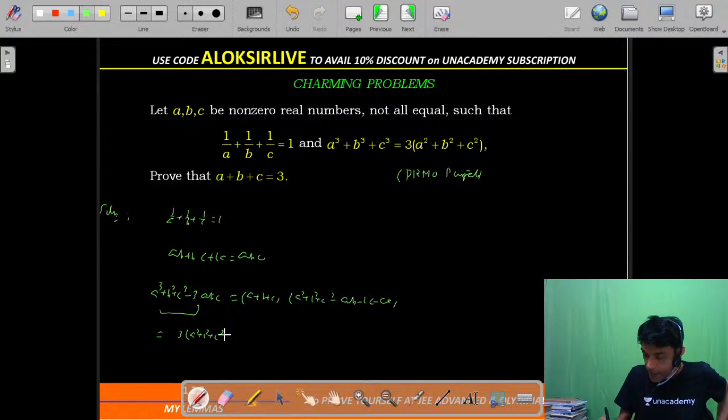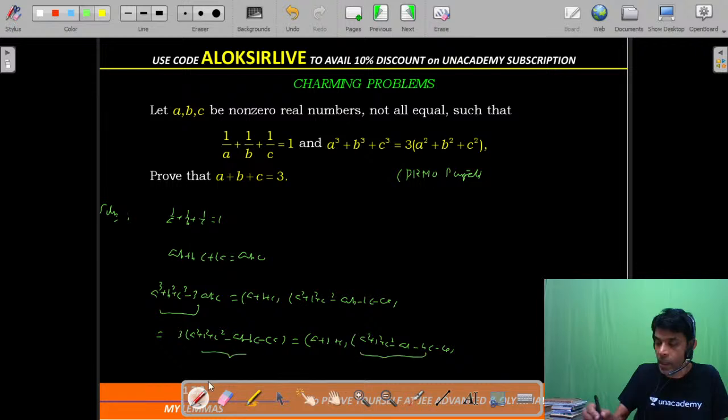So I can write this as minus, replacing abc with ab plus bc plus ca, and this is a plus b plus c times a square plus b square plus c square minus ab minus bc minus ca. Now these are not equal to 0, right? Because abc is a non-zero real number, not all equal.